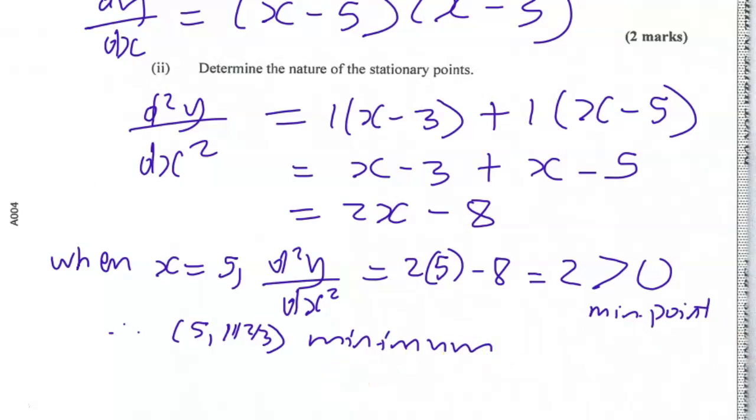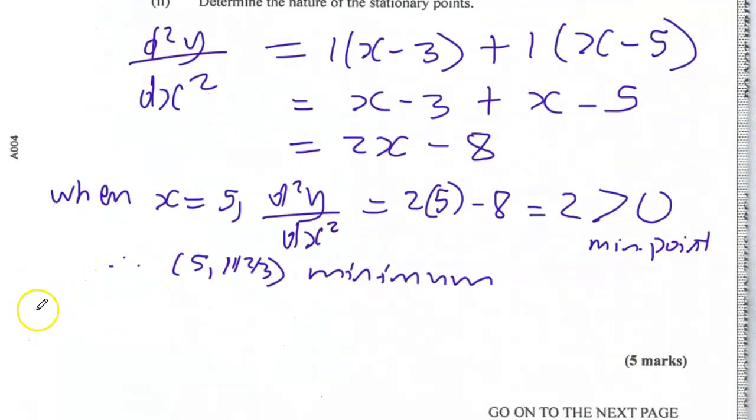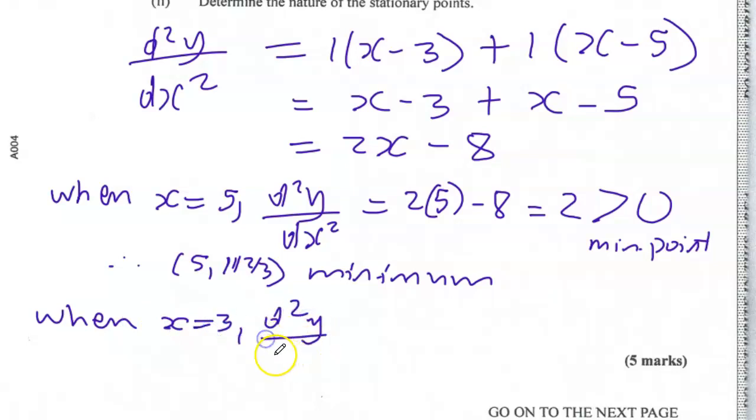What's the other x value? The other x value is 3. When x is 3, the second derivative d2y by dx squared is equal to, this time replacing x with 3, 2 times 3 minus 8, so that's 6 minus 8, that's negative 2, which is less than 0.